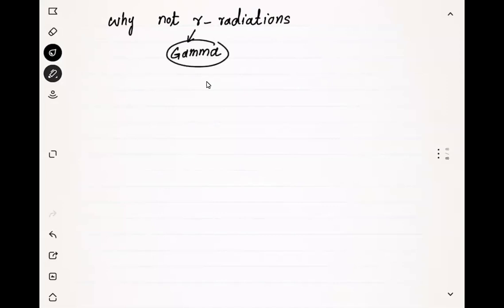Now, the point is we need to understand why gamma radiations were not used in the scattering experiment.